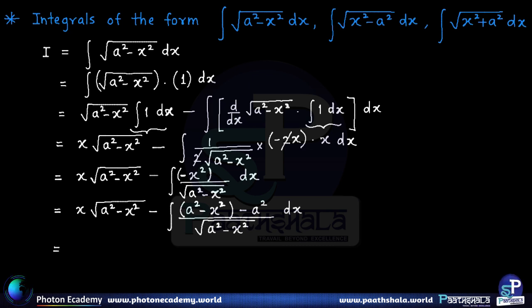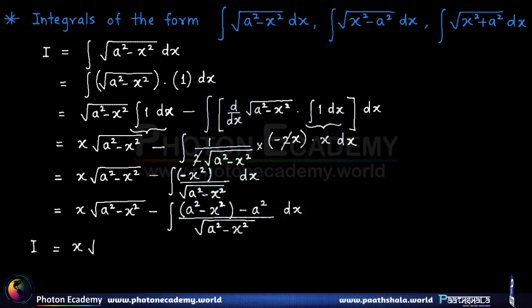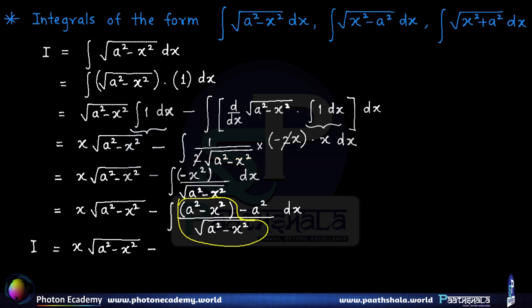So therefore that gives us, this is I. Here we have x into root of a square minus x square minus. Now if you observe the first term after breaking the fraction, a square minus x square upon root of a square minus x square will be nothing but root of a square minus x square in the numerator, which is nothing but the given integral.